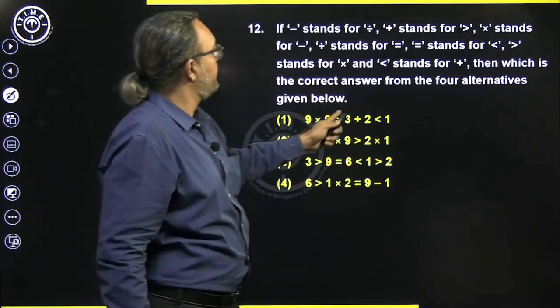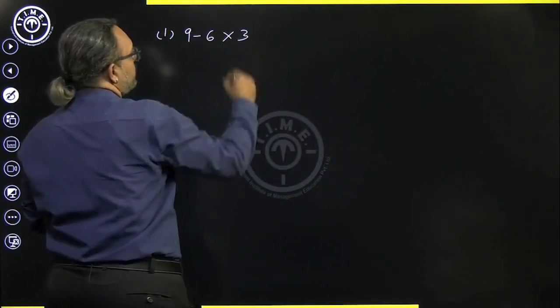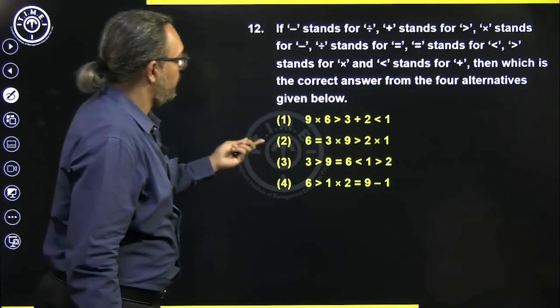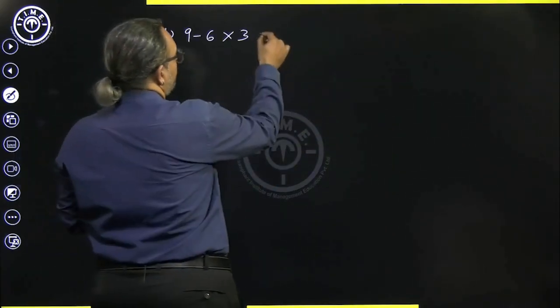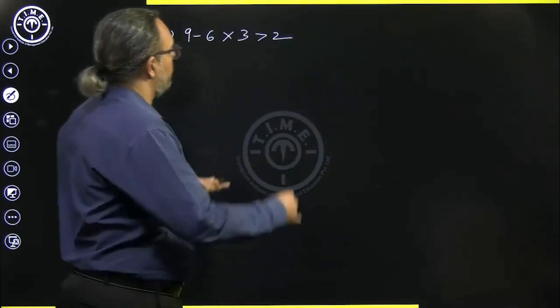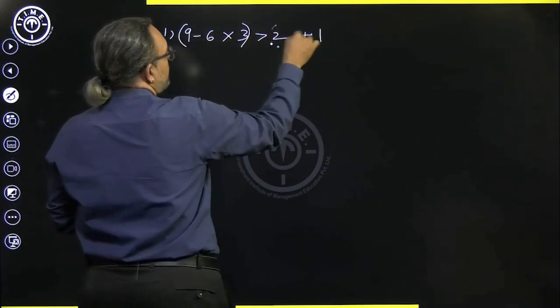Then you have greater than 3, greater than stands for into, so into 3. Then plus 2, so plus stands for greater than 2. And then less than stands for plus 1. So now this is the LHS, this is the RHS.